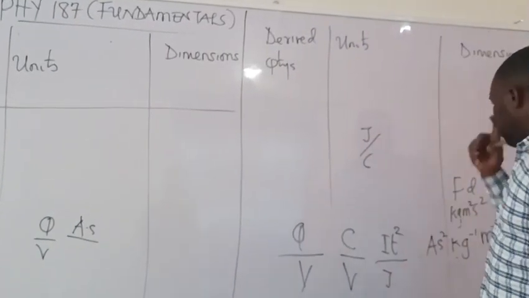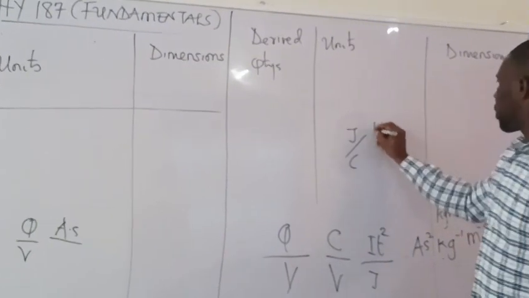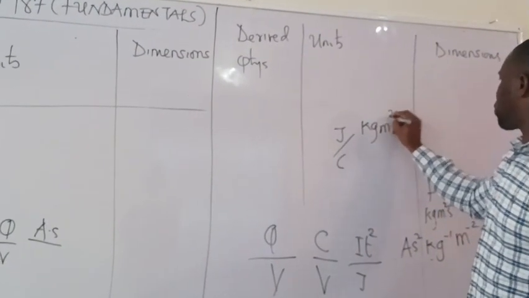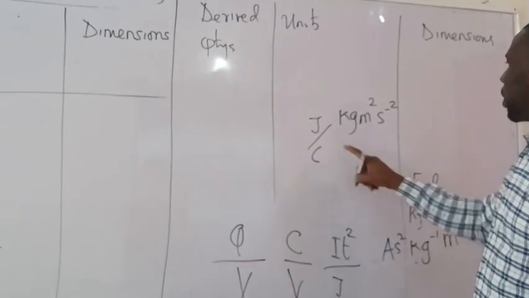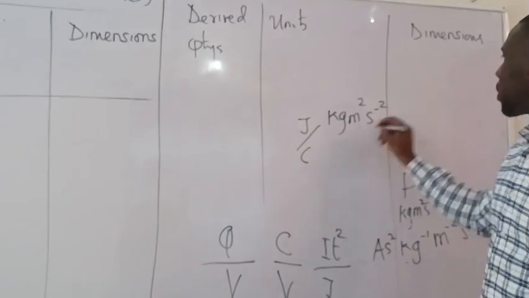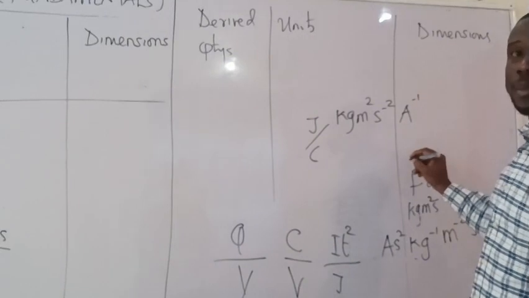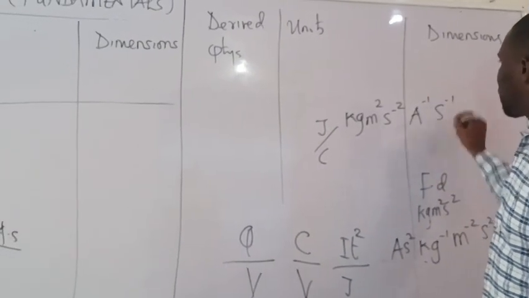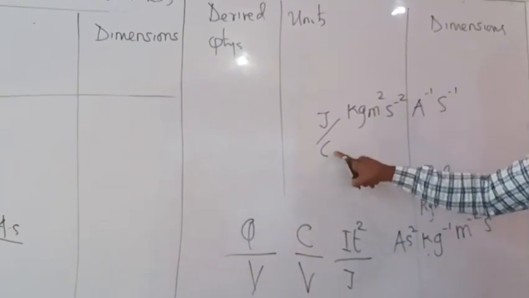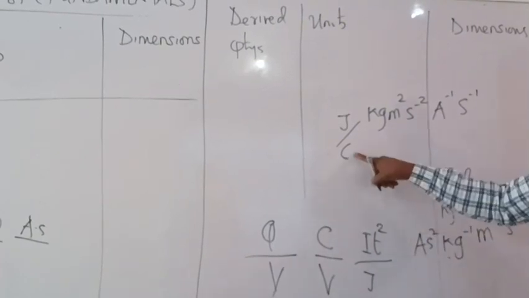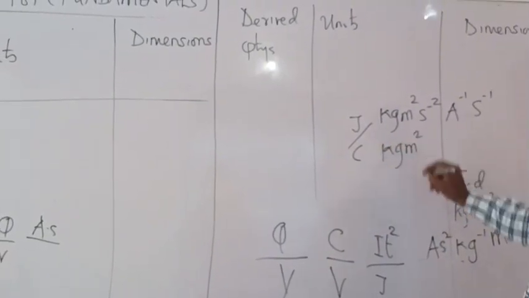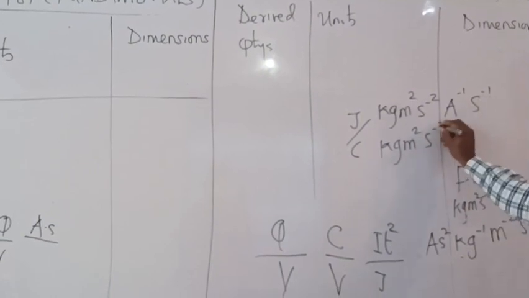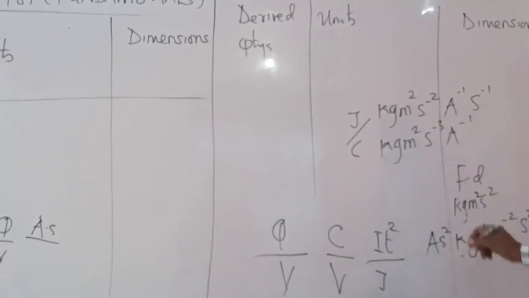Joule itself is kilogram meter squared per second squared, force times displacement. Then I have a coulomb downstairs, that is per ampere second, because ampere second is the same as a coulomb, but I have to invert this downstairs. So this becomes kilogram meter squared, I have second raised to power minus 3, then I have per ampere.